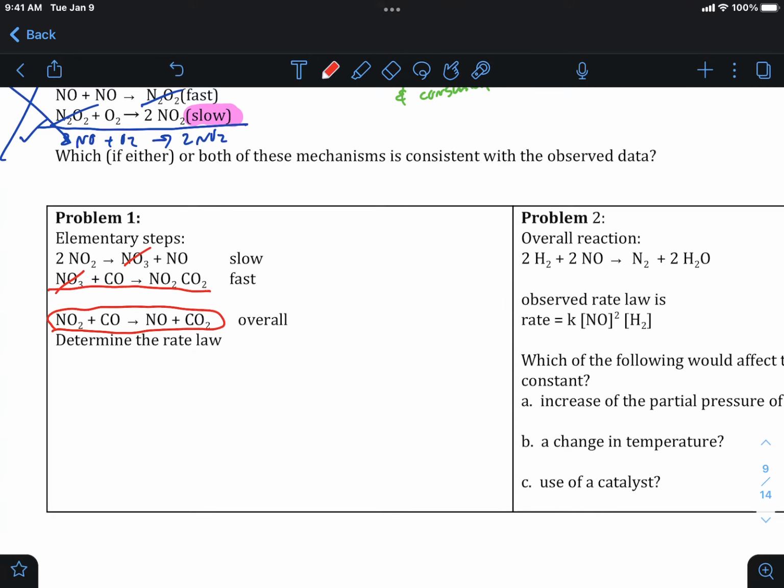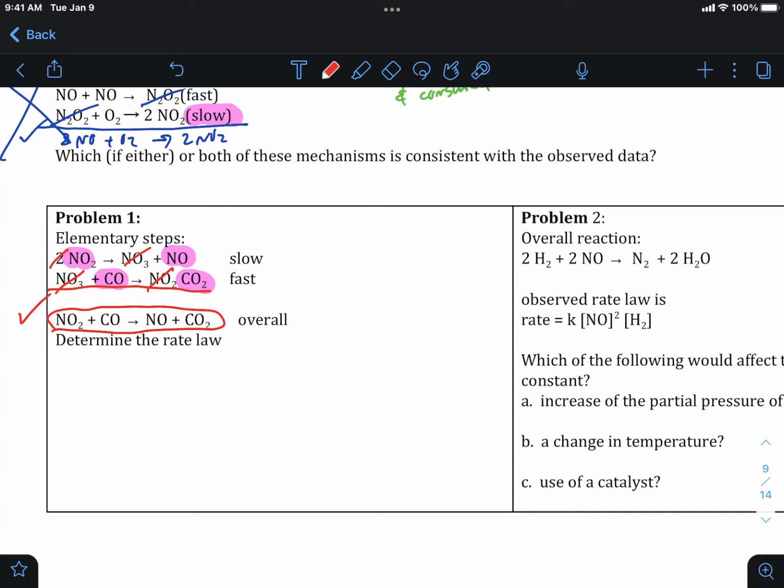So NO3 is my intermediate here. What else do I have here? Is NO2 supposed to cancel out? Oh no, NO2. So if we have two NO2s here, but there's one NO2 made, then one of them cancels. And so what you're left with then is one NO2, one CO, one NO, one CO2. So yes, this does pass algebraically.